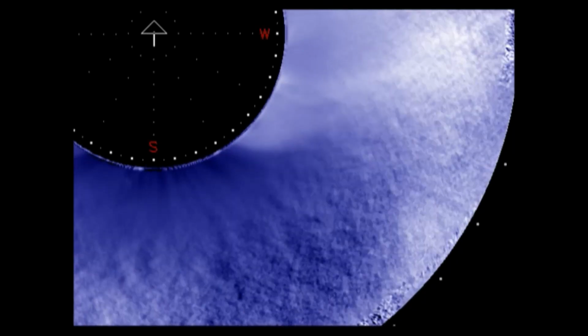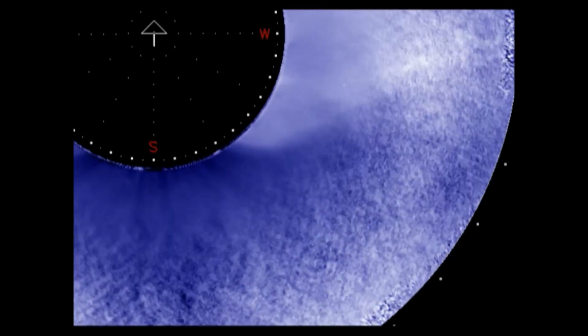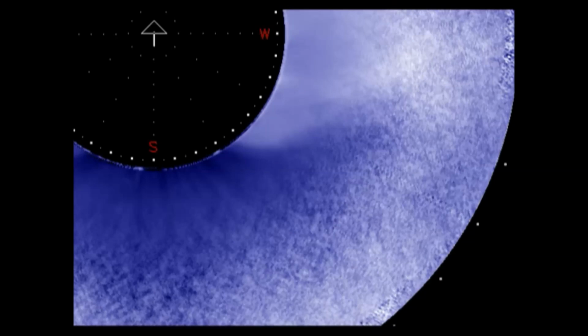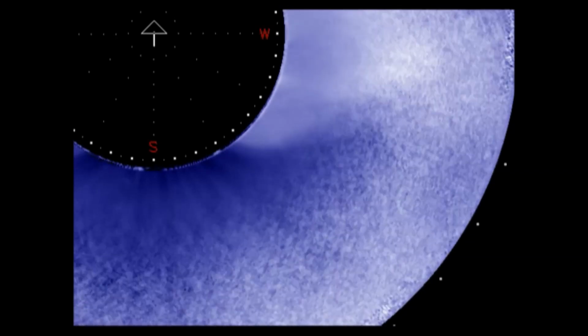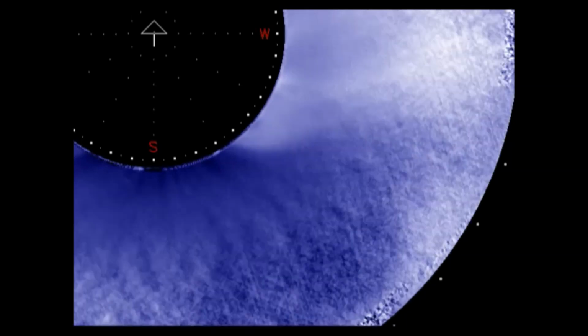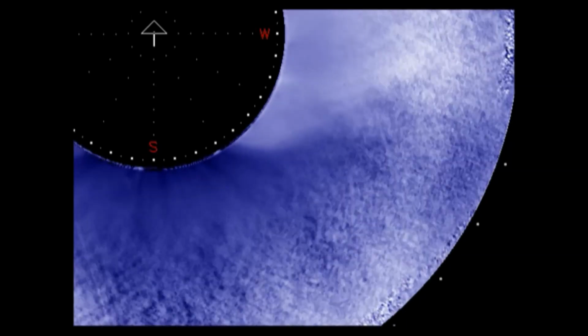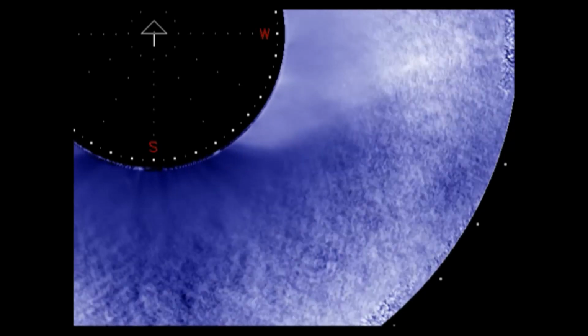You see almost like a flow of particles, and it's really traveling in a clockwise fashion, spiraling in around the sun. And if they are electrons, then you can use your right hand rule to figure out the direction that those electrons are flowing.